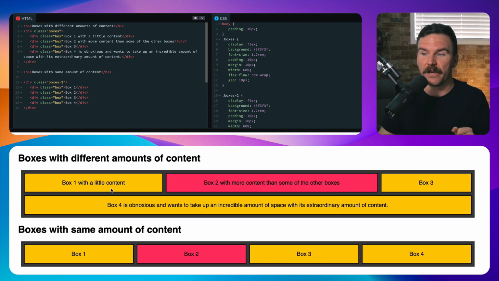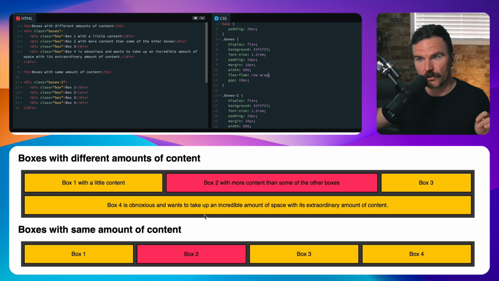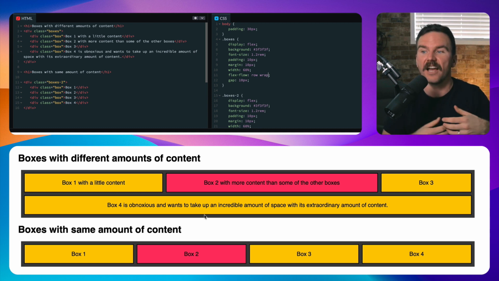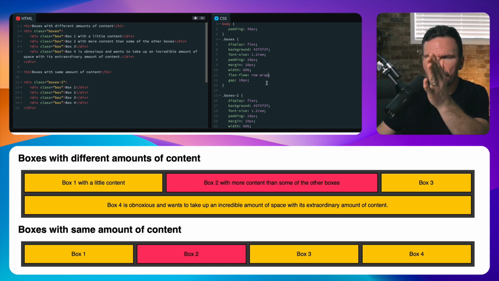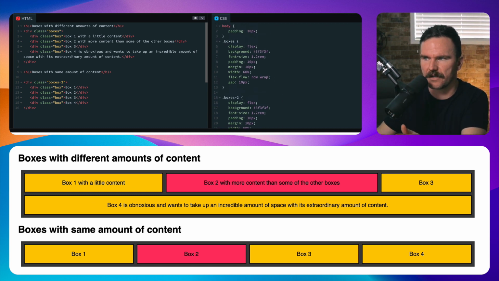So now what it's doing is it's making the boxes fill out the space that it has, and that box number 4 with the obnoxious amount of content, it realizes I can't fit on this line anymore. And because I am permitted to wrap, I'm going to go down a line and fill out the available space.